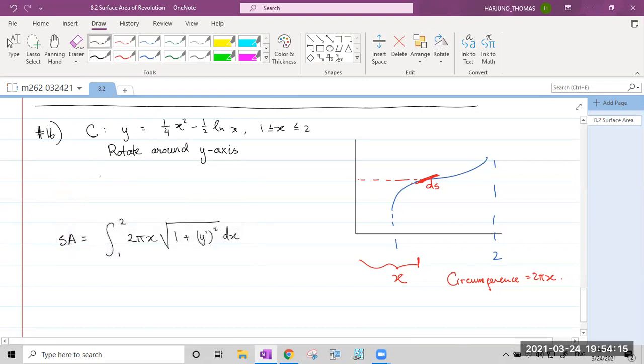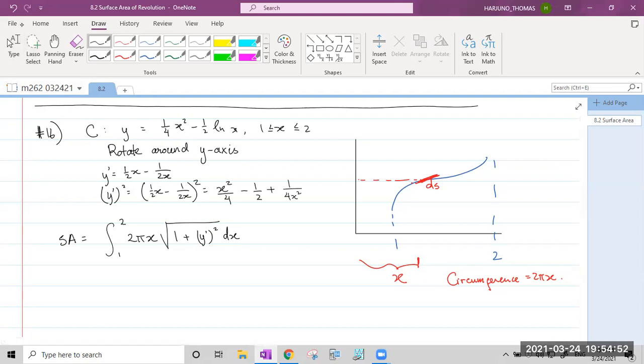Now then, what is y prime? That's 1/2 x minus 1 over 2x. So y prime squared will be 1/2 x minus 1 over 2x, squared. That's x squared over 4 minus 1/2 plus 1 over 4x squared. Is it right?